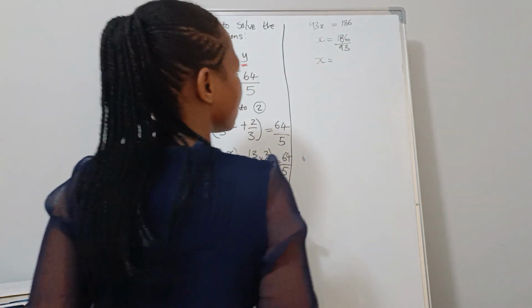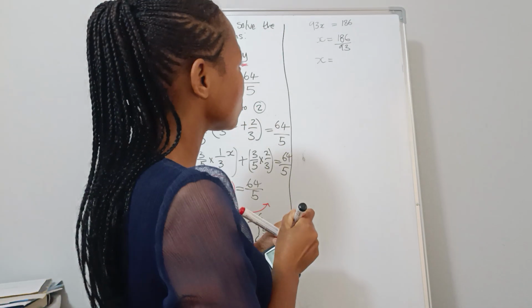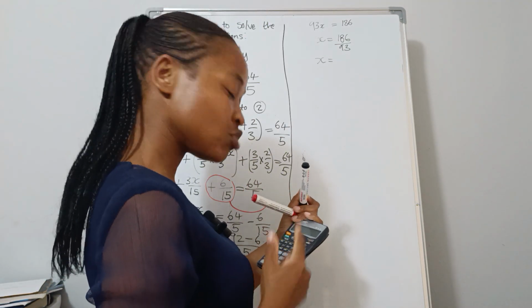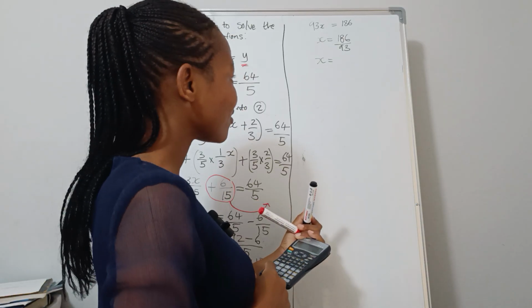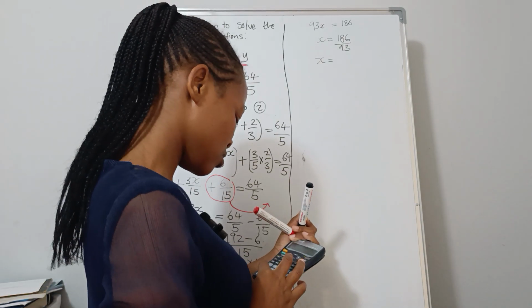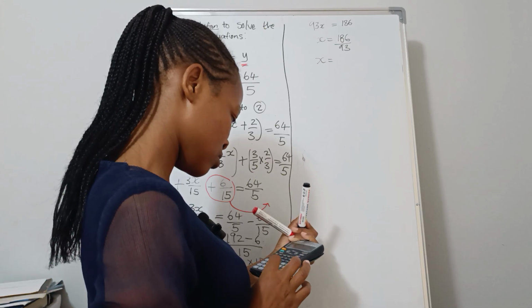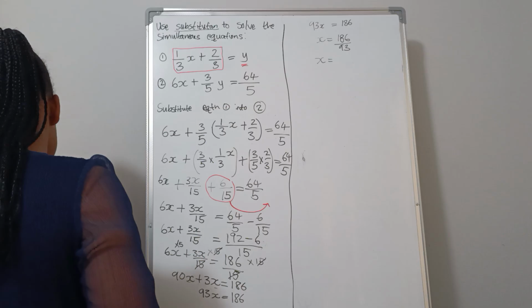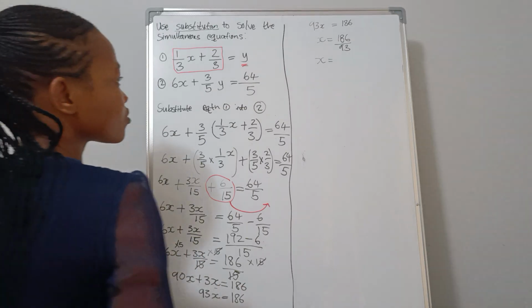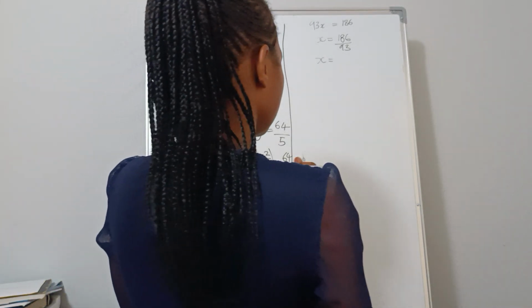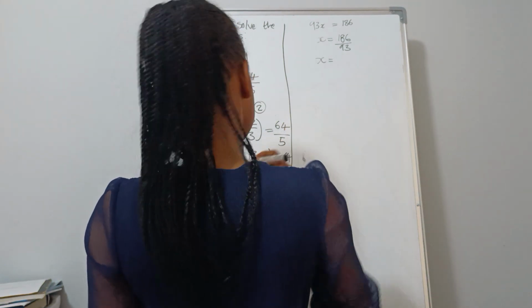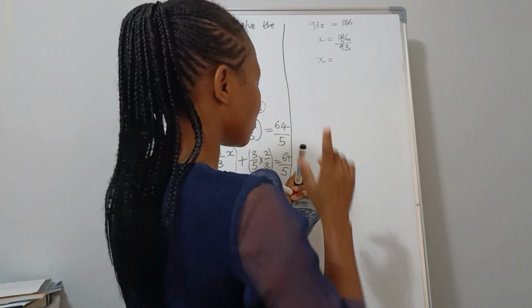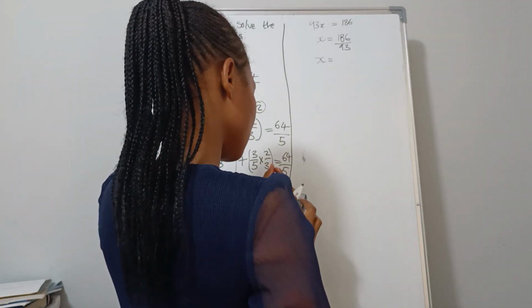Now we're going to simplify that. x equals what? What is the common number that can get into all those numbers for it to be in its simple form? We can divide by 3. Let me just punch it out as it is. I'm just going to punch 186 divided by, oh no, that's not going to give me the correct one. So let's do this.